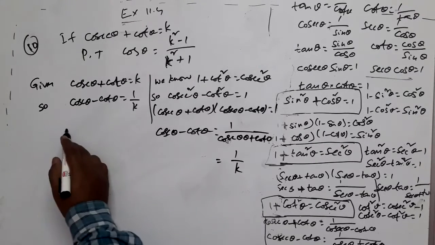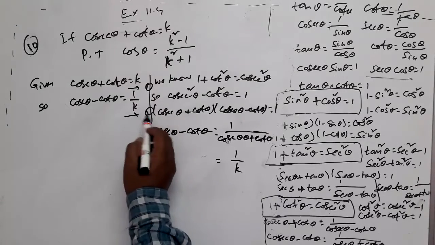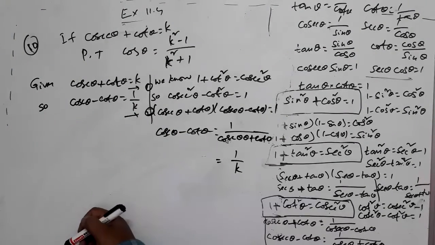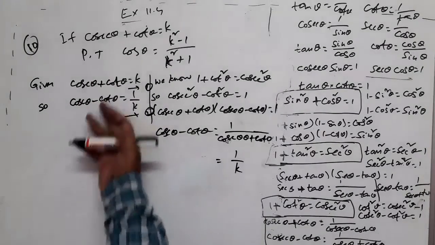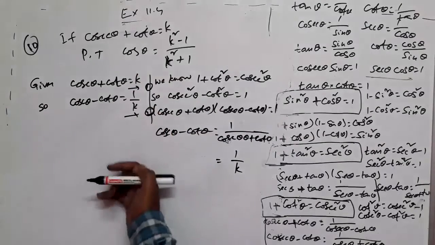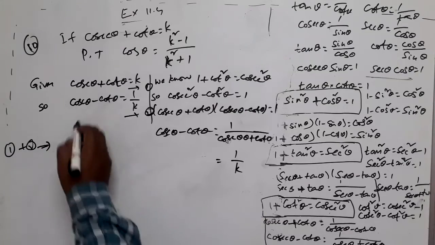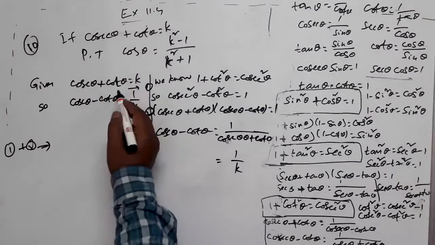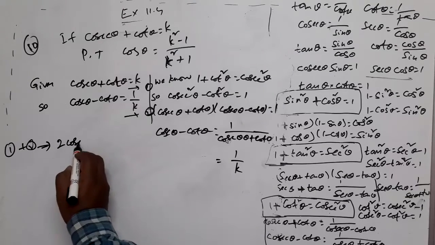Let us say this is equation 1, this is equation 2. You can observe carefully, if you add these two, the cot terms get cancelled and you will get an expression involving k, that is k plus 1 by k. If I add these two, minus cot theta and plus cot theta get cancelled, so 2 times cosecant theta will be remaining.